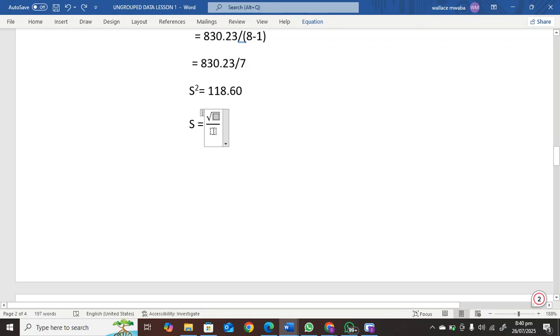Just ignore the down part there. I just want to get the square root. My Word is refusing to give this square root sign.